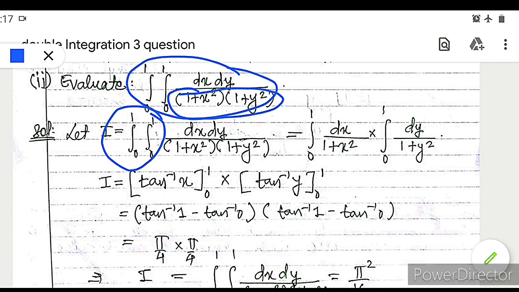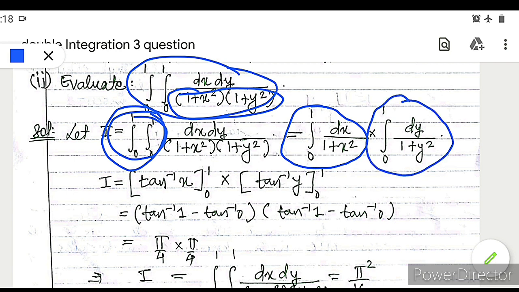So here I have done the separation part. This is possible because the integrands are ready to separate and the integrations are with constant limits. So I have separated x and y. So you have to solve this.